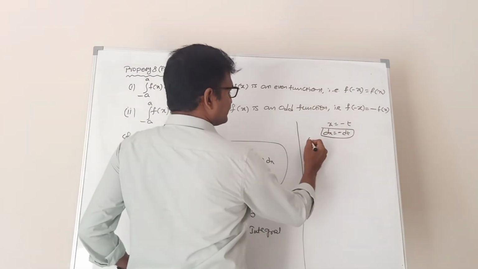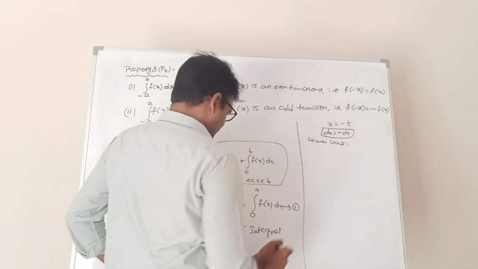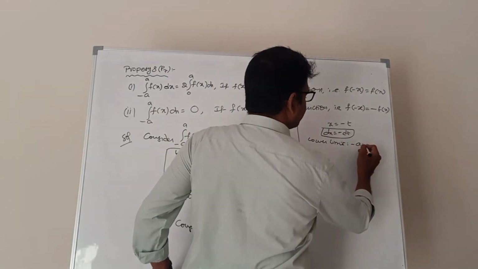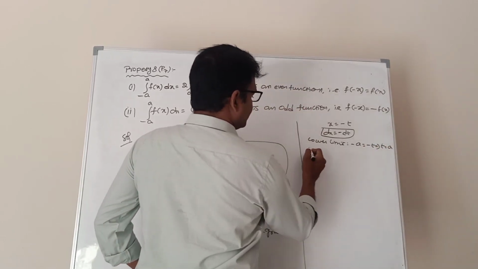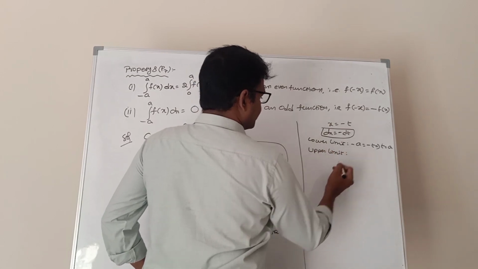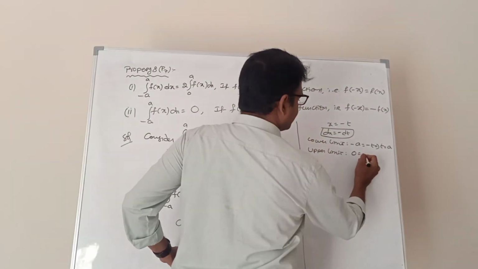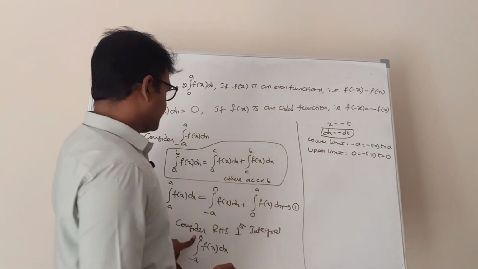Next, the lower limit: in the place of x we have minus a, so minus a is equal to minus t, that means t is equal to a. Next, the upper limit: in the place of the upper limit we have 0, so 0 is equal to minus t, so t is equal to 0.